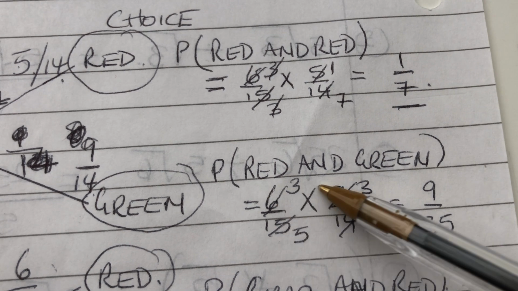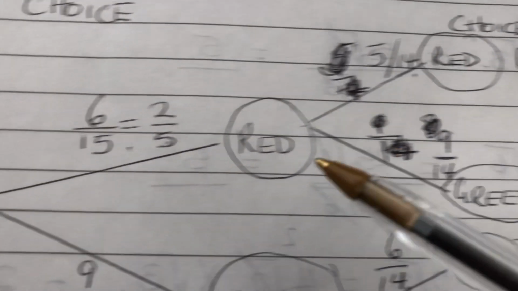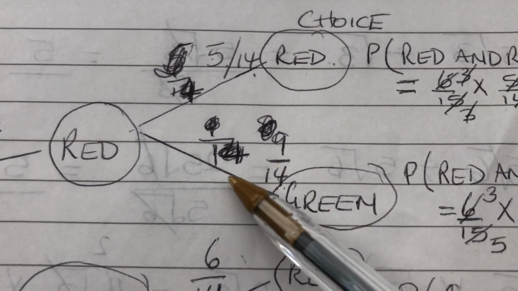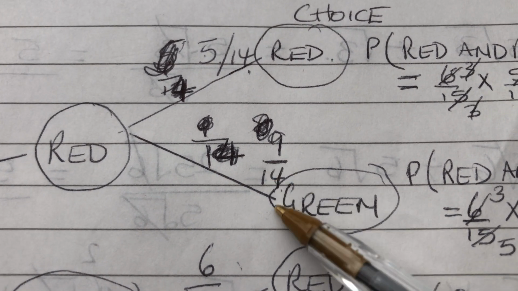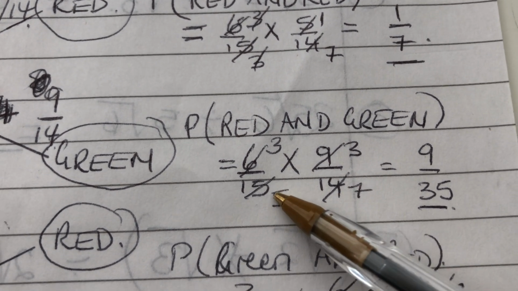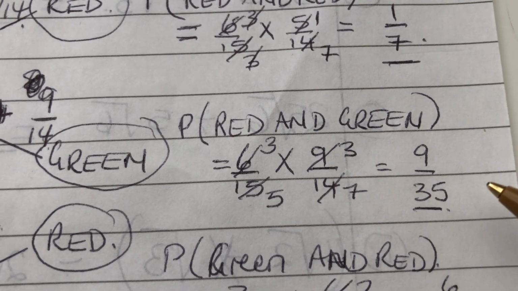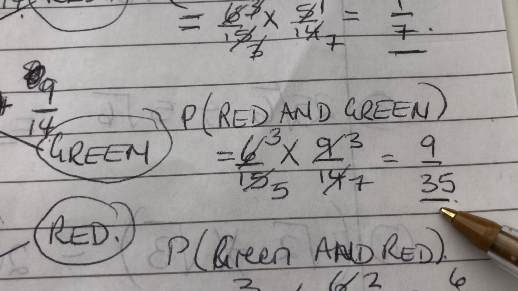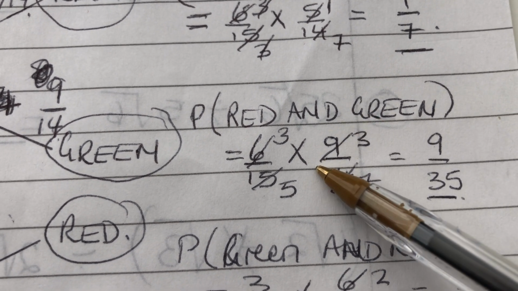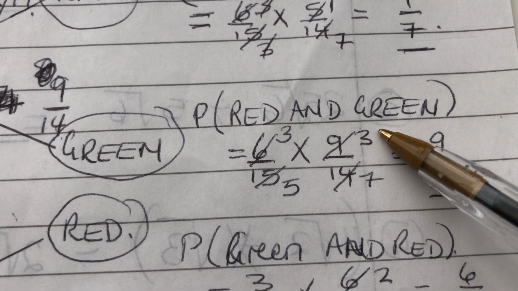The probability of a red first and a green. So here, red, 6 out of 15. Green, 9 out of 14, which is here. If you reduce it further, you get 9 out of 35. Using factors, how many 3s do we have in 9? 3.